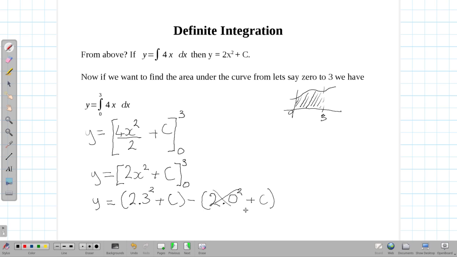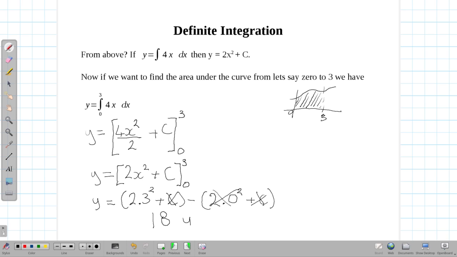Now if I subtract, I've got c minus plus c, so it's going to become minus, so they're going to go, and that's why you do not need to put the constant c in when you've got limits, as we have here. Okay, and then we've got 3 squared, so that's 9 times 2, so it's 18.